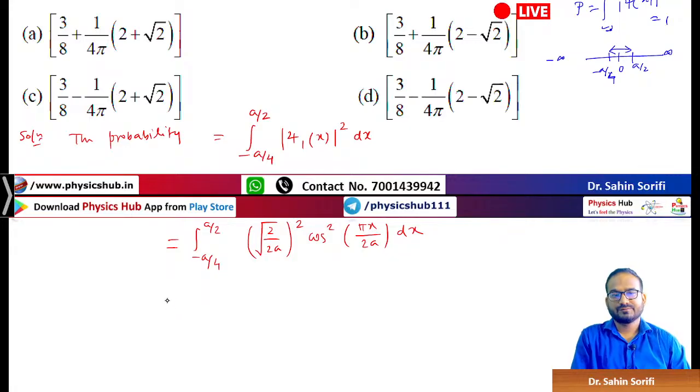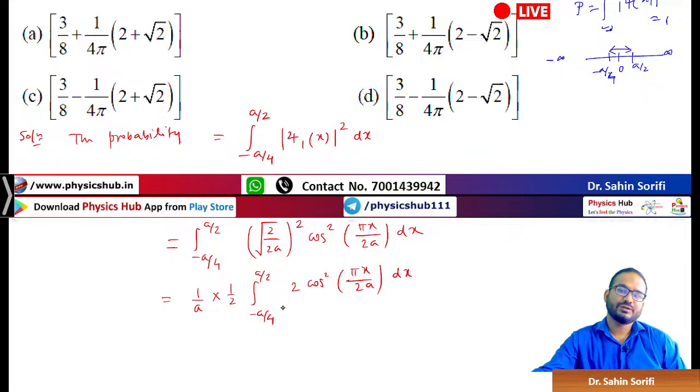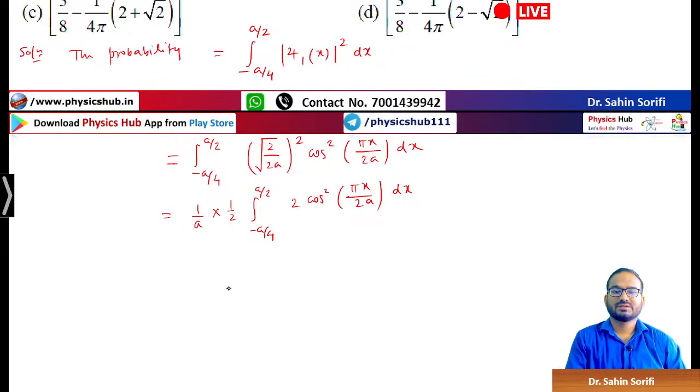So you see this is 1 by a, and if I just multiply by half and keep 2, so 2 cos square pi x by 2a. Now you know the formula that 2 cos square theta is equal to 1 plus cos 2 theta.